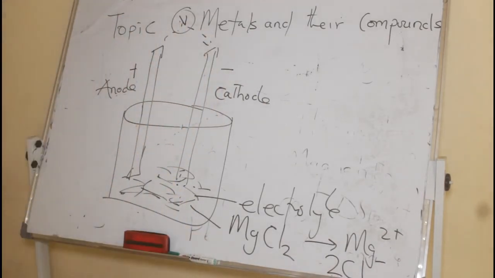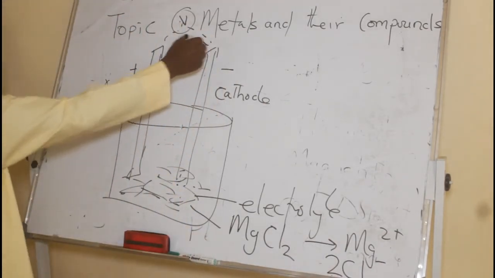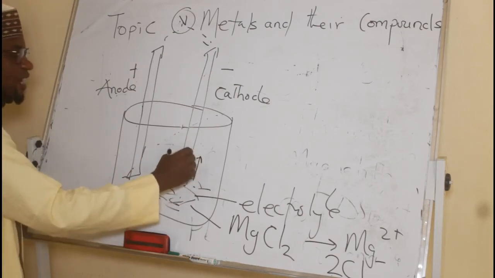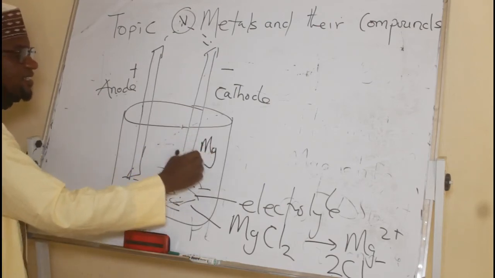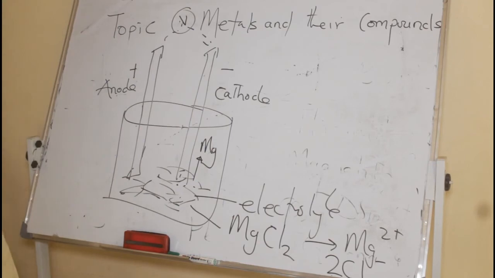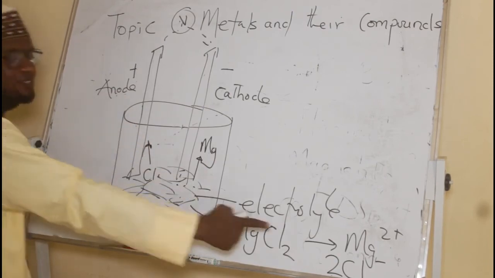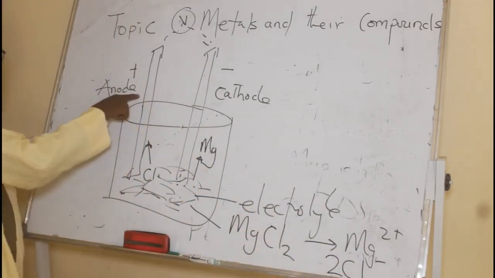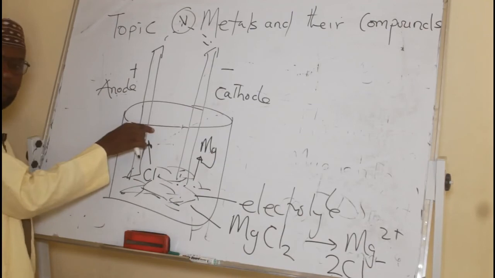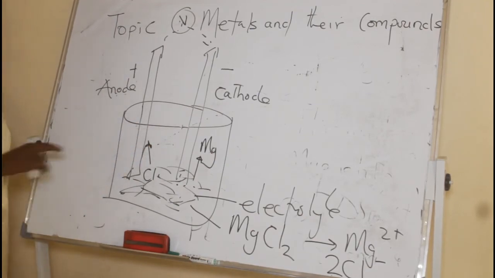Magnesium, being positively charged, will be attracted to the negative electrode. So magnesium will move here and become deposited. It will come here, it will gain electrons and become deposited at the cathode. While the chloride ion will move here, because they have minus charges, so they will be attracted by the positive electrode. So they will come here, they will release electrons and become deposited there.